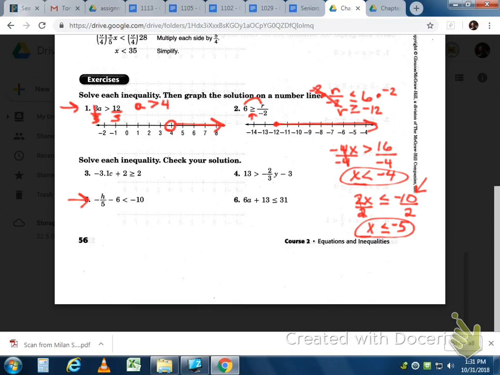That means I need to get all the numbers to the right. So the first thing I'm going to get rid of is the minus 6. How do you get rid of a minus 6? Adding. Yep, so let's add 6. Now I'm going to bring down negative h over 5 is less than, if I'm in the hole 10 and I gain 6, I'm going to be at negative 4.